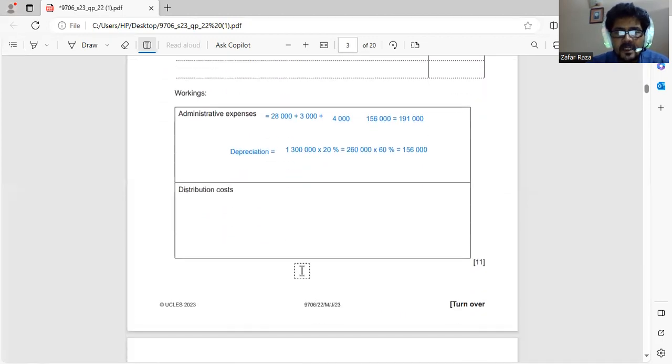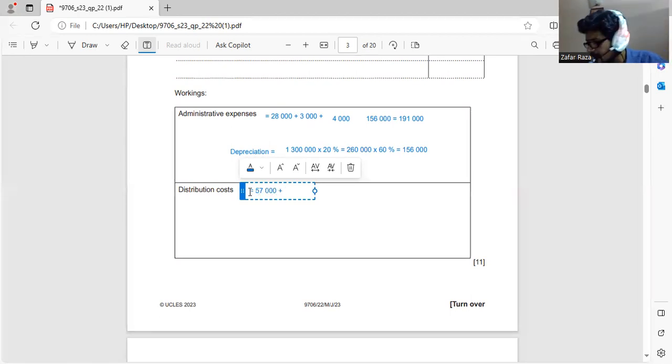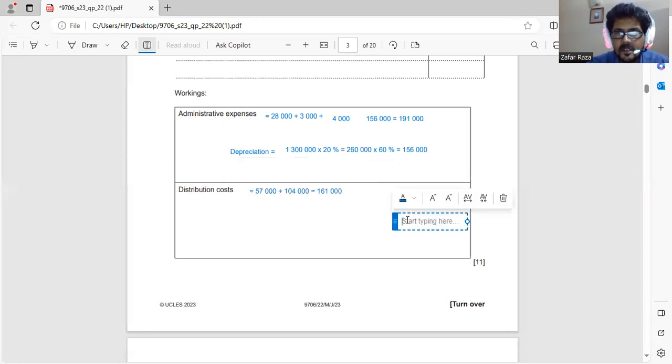So 57,000 already given plus 40% of depreciation, meaning 260,000, the total depreciation, multiplied by 40%, means 104,000. That would make distribution cost $161,000. That is going to be distribution cost.